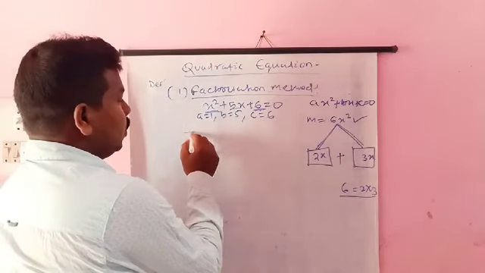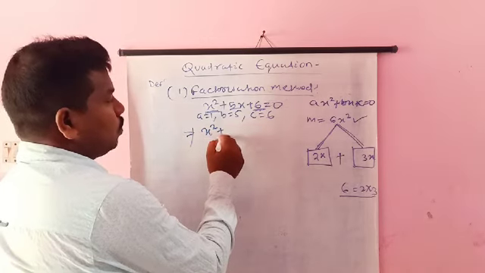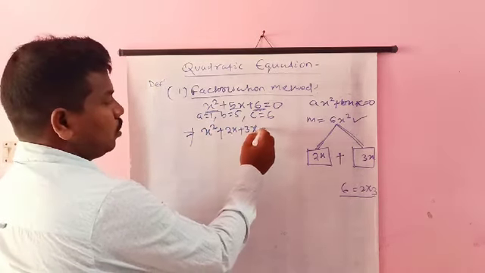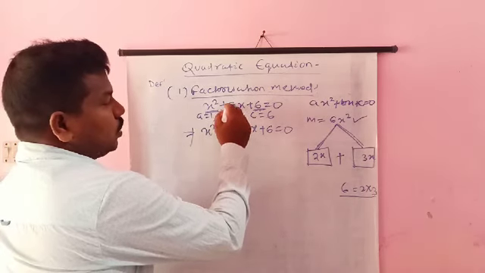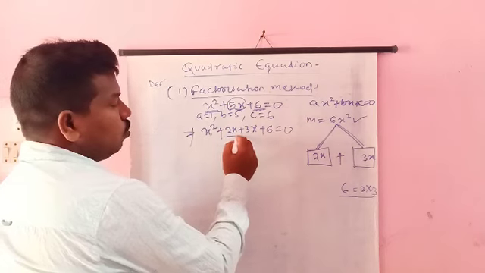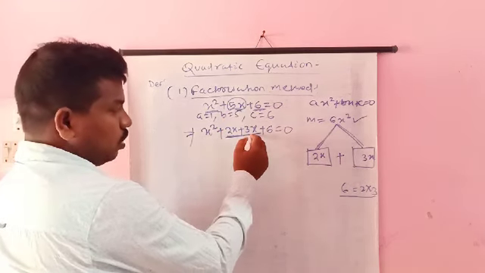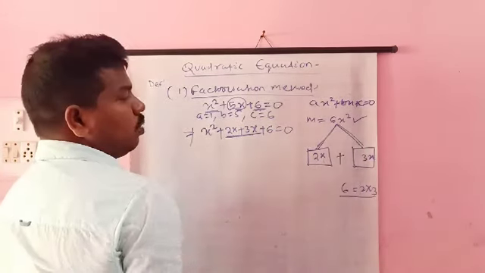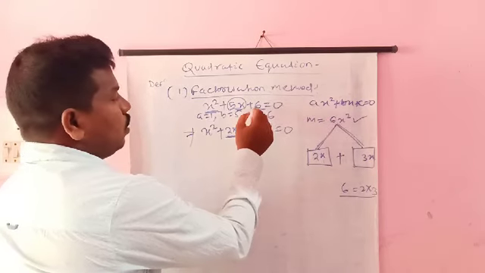Now we rewrite the quadratic polynomial: x square plus 2x plus 3x plus 6 equal to 0. In place of 5x we write 2x plus 3x, because 5x equals 2x plus 3x. So 2x and 3x are the two factors of the polynomial 6x square.